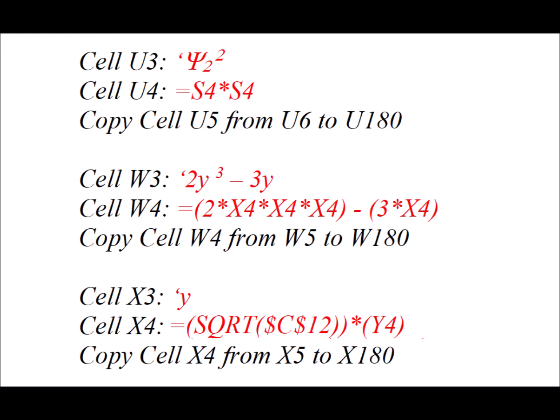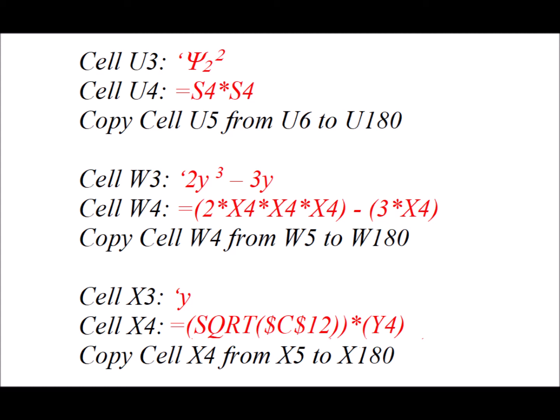In cell U3, we have the label psi sub 2 squared, so that's the probability density for the third eigenfunction. In cell U4, we have a formula to compute that, and then we copy cell U5 from U6 to U180.